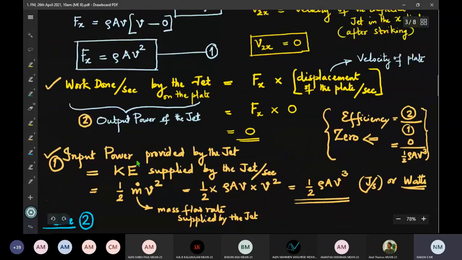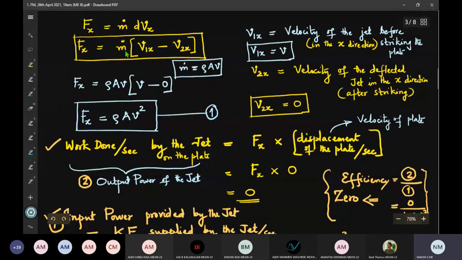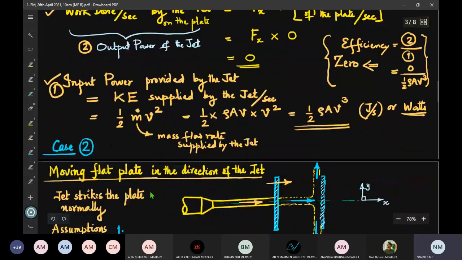But remember, we talk about m dot here in the expression for force, and that m dot is the mass flow rate striking the plate. But here, in the input power calculation, the kinetic energy supplied by the jet involves the mass flow rate supplied by the jet. Mass flow rate supplied and mass flow rate striking can be different when you consider moving plate cases.